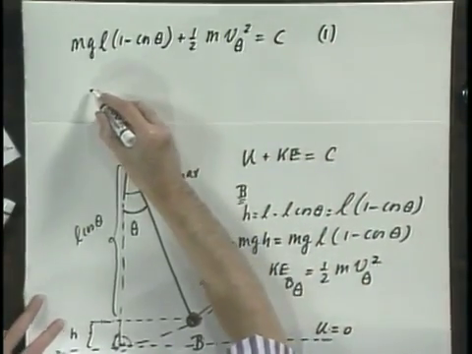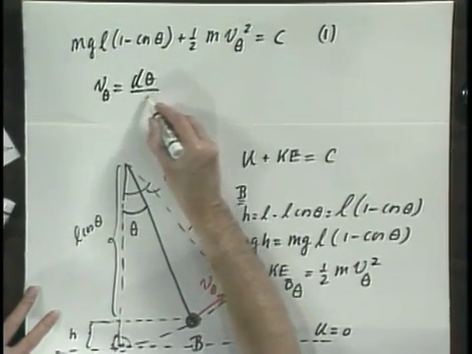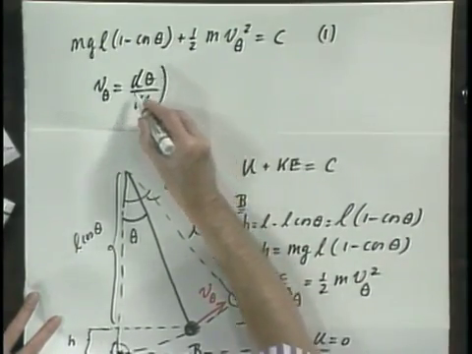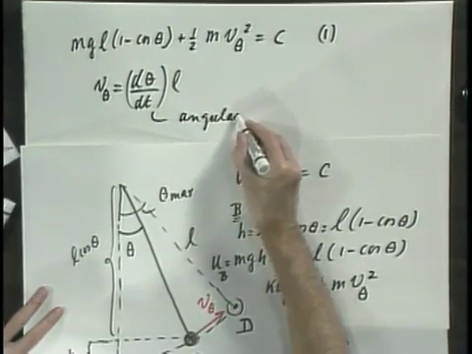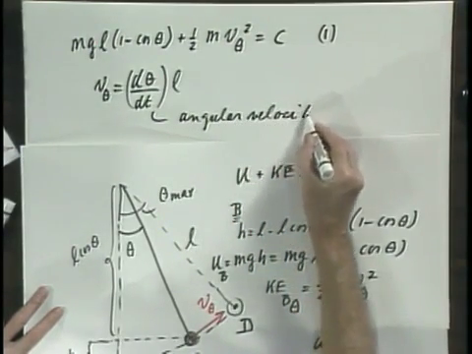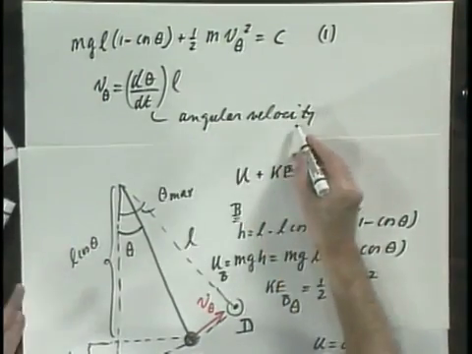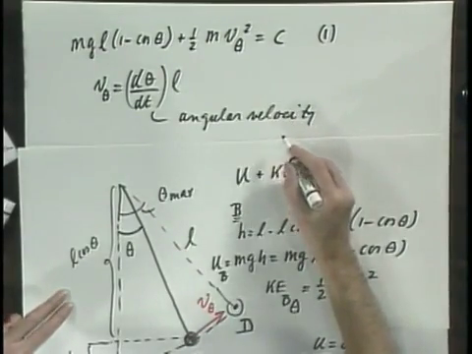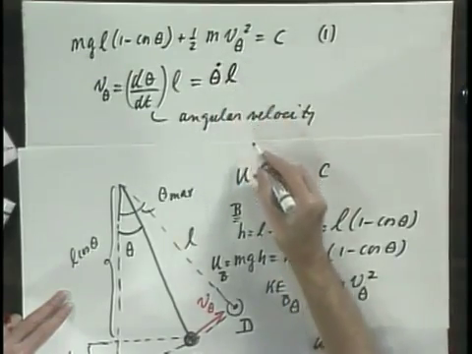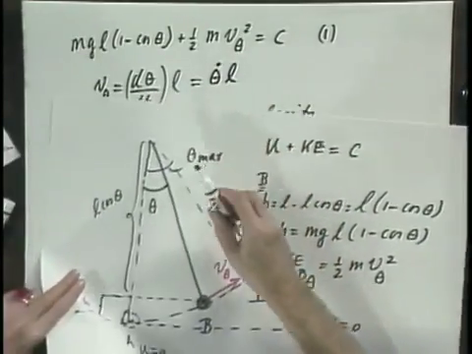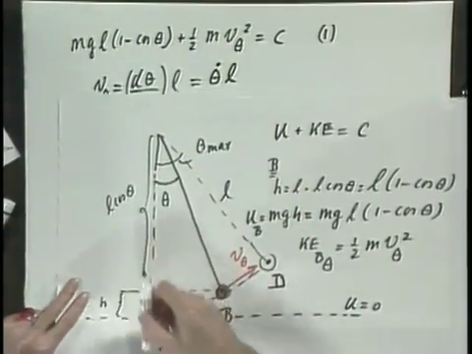What is v theta? v theta is d theta dt, which is the angular velocity, times L. Unfortunately, sometimes people write omega for this, not to be confused with angular frequency, which is sometimes also called omega. I like to write this as theta dot times L. This d theta dt will change all the time. It is 0 here and has a maximum value here.